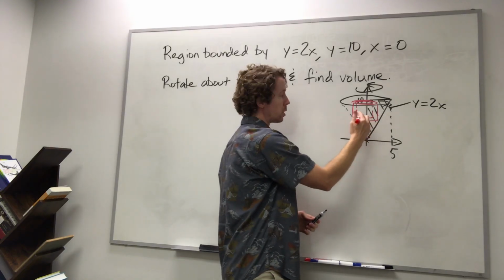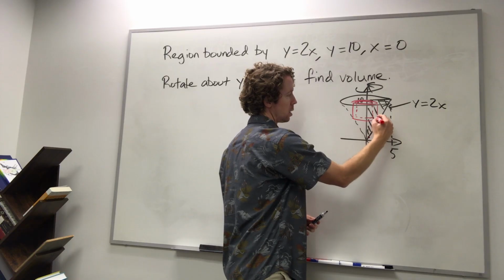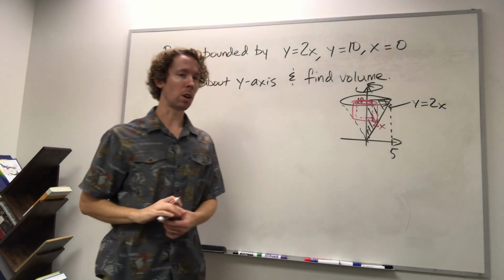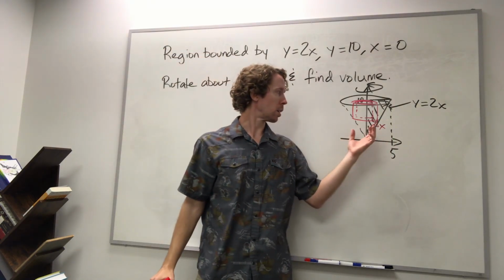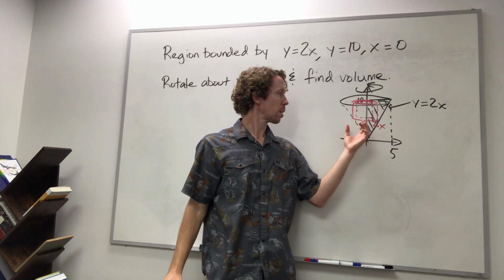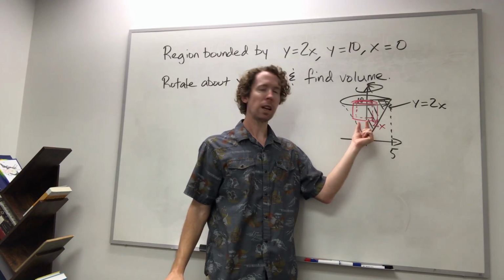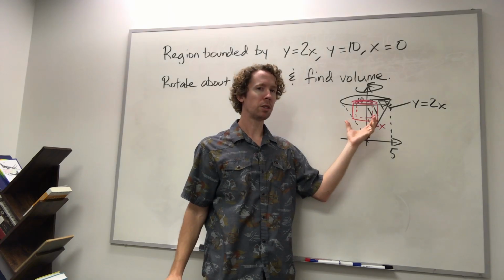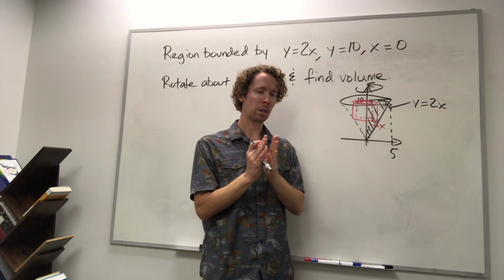The width of these things is a small width in the x direction. I'm going to call it delta x, because if I take more and more of these shells from my approximations, then they get smaller and smaller in terms of the width delta x.